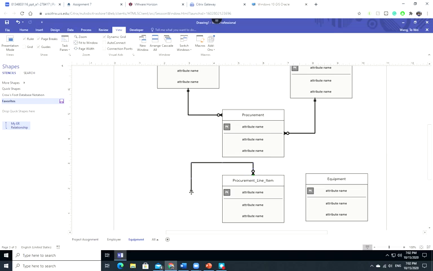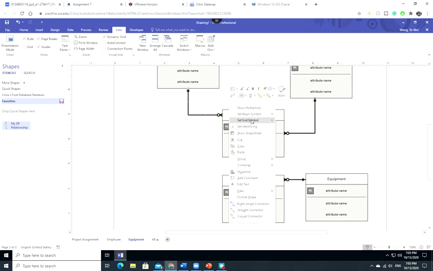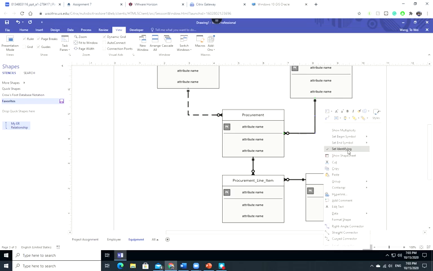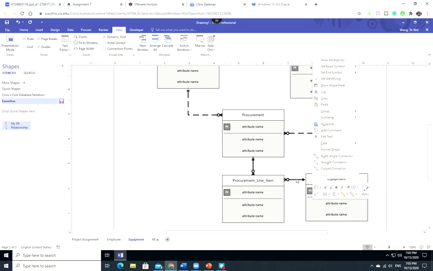So this is the middle entity. So this is many side. Many side is here, right? So that's that, and we need to change this to non-identifying.